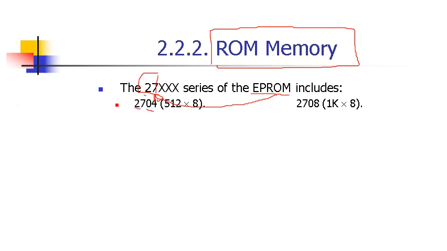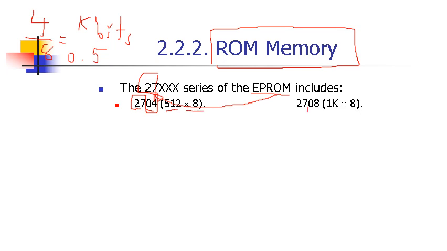So this is the series number 27, and the number after 27, which is 04, refers to the number of K bits in your memory device. So your memory device contains 4K bits. How many bytes? If you divide this by 8, you get half K bytes, which is 512 bytes.